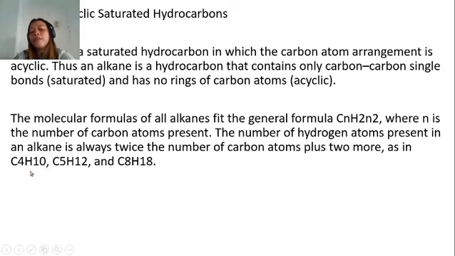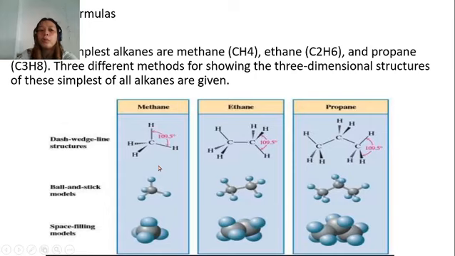That's why it's C4H10. Also, for C5, 5 carbon atoms, the hydrogen should be 5 times 2, which is 10, plus 2, because that is the general formula for our alkanes, and so on for our examples.